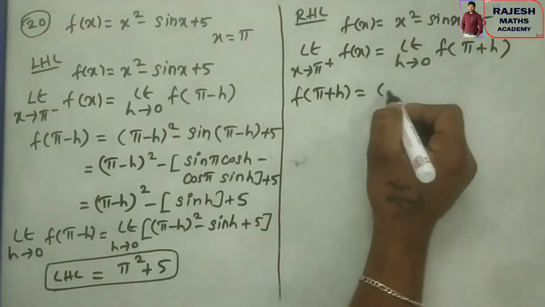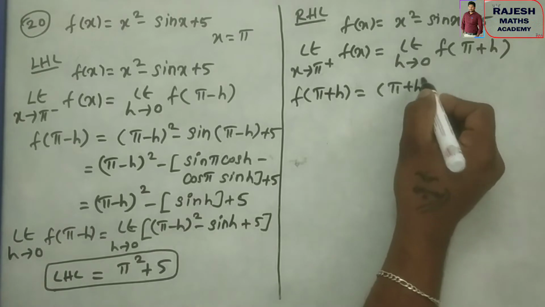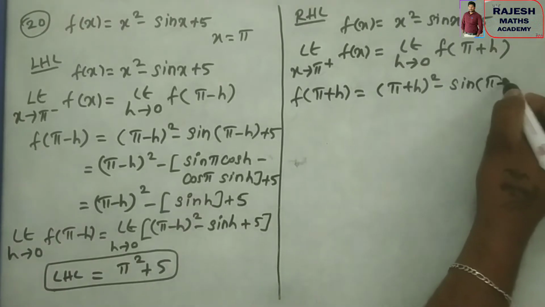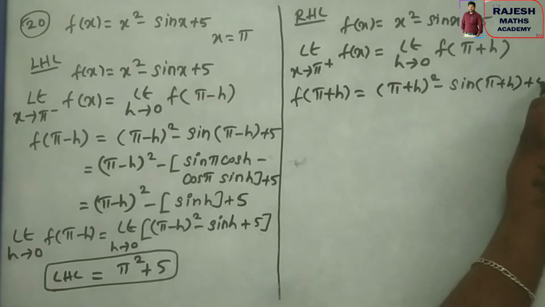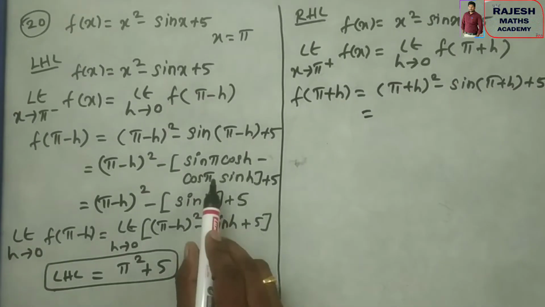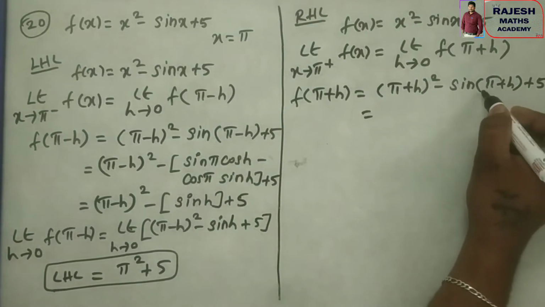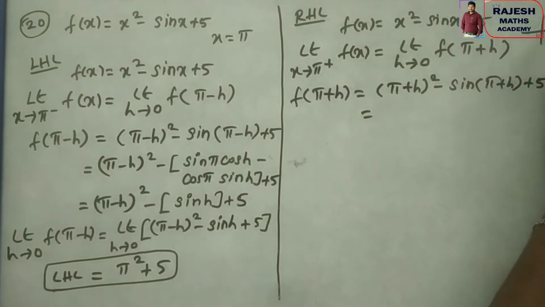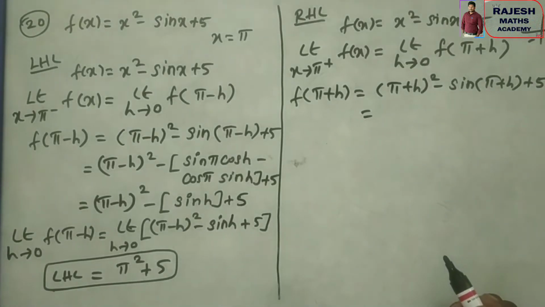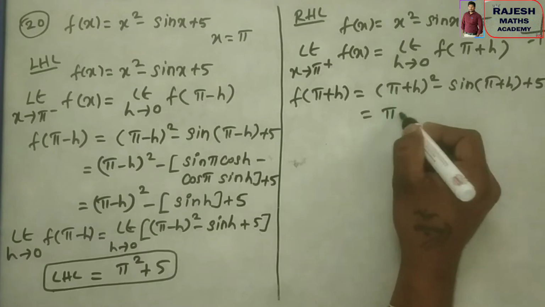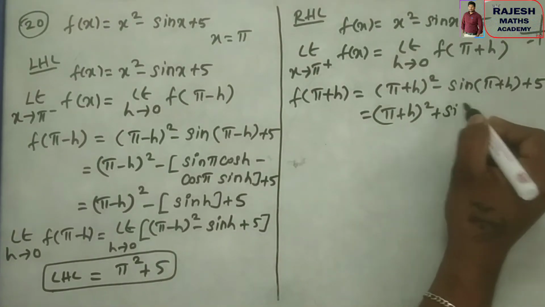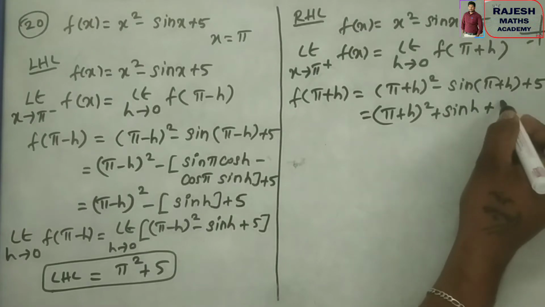So f of pi plus h means I will get pi plus h whole square minus of sin of pi plus h plus 5. Here I am not going to expand, we are going to use sin of 180 plus theta. Sin of 180 plus theta is in which quadrant? The third quadrant, where sin is negative, so it will become minus sin theta, and with the minus already there, it will become plus sin h plus 5.